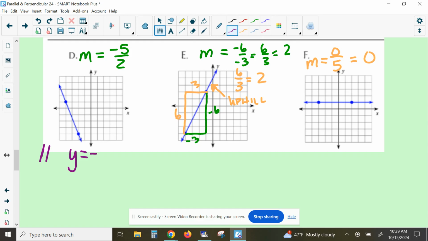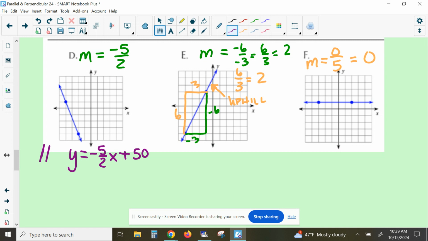Negative 5 halves x plus, make me up a b, 50, sure. And if I were to type this into Desmos, I would end up with a line that is parallel to this. Now it would be really, really high up in the sky, but it still would be parallel, right? So as long as the slope is the same, you have a parallel line.